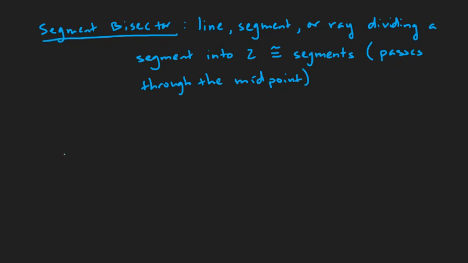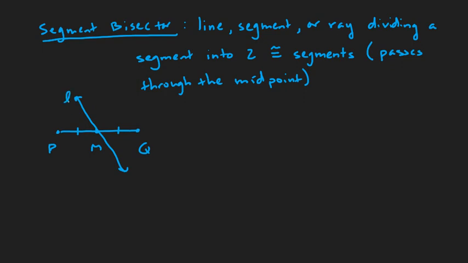So if I draw this picture of segment PQ again, here's P, here's Q. I'm going to put that M midpoint there, and let's mark the two pieces congruent. But now I'm going to draw a line through M. And remember, you can label the points on the line or use a single letter.